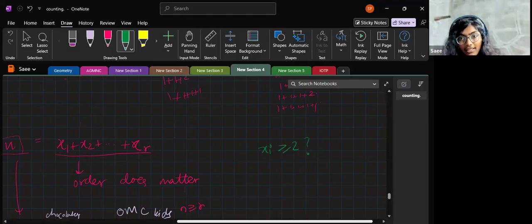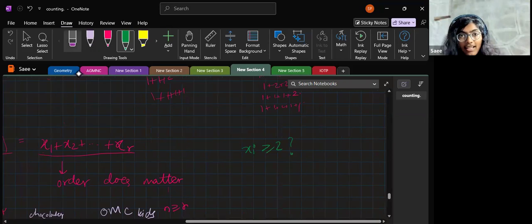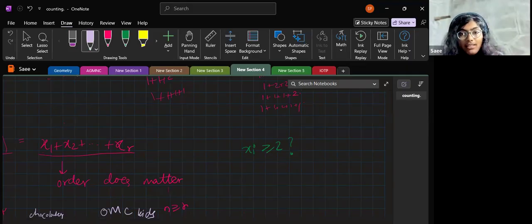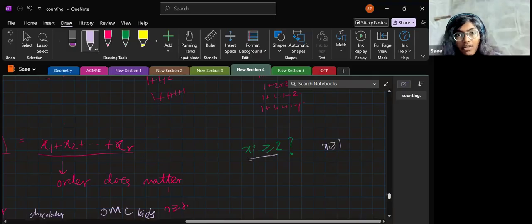Okay, so xi is at least 2. How do we deal with this? We already know how to deal with the case when xi is at least 1. Now we have this additional constraint of it being at least 2. We want everybody to get at least 2 chocolates. So we can take all our kids and give each of them 1 chocolate.